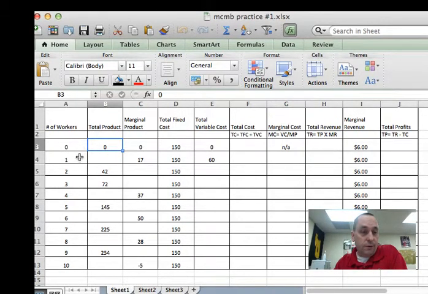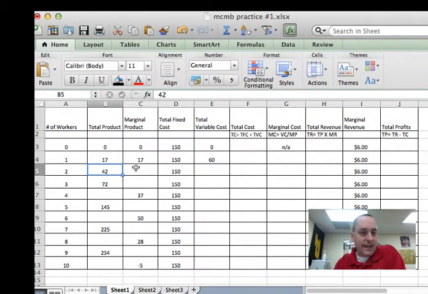So when we go from 0 workers to 1 worker, what this marginal product means is how much this 1 worker adds to the total product. So 0 is how many we made before, plus 17 equals 17. Now, when I hired a second worker, my total product went from 17 to 42.